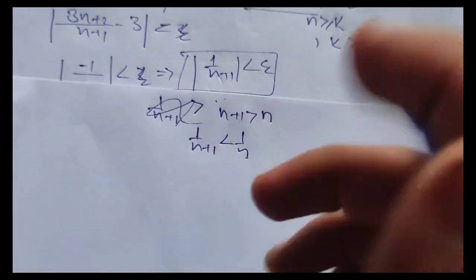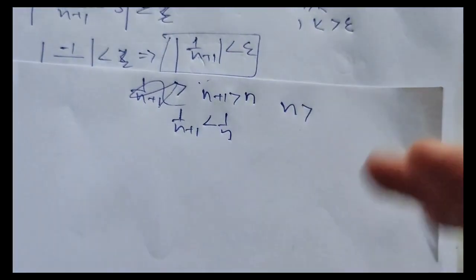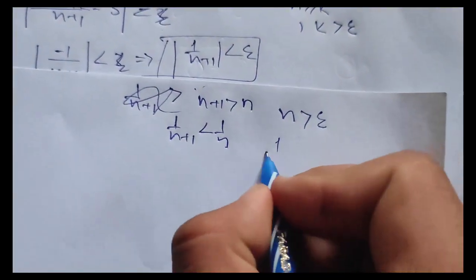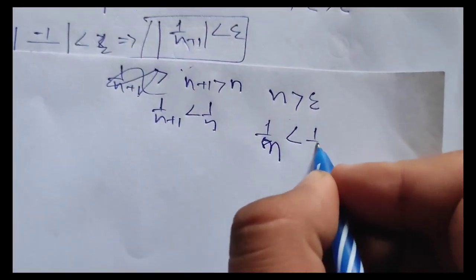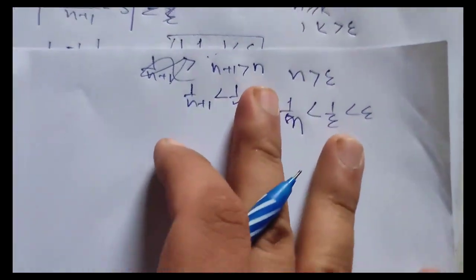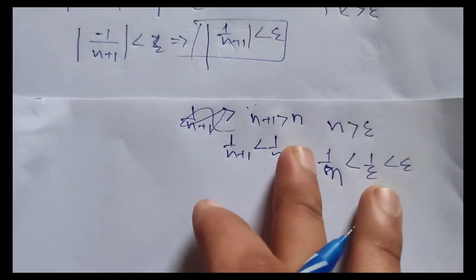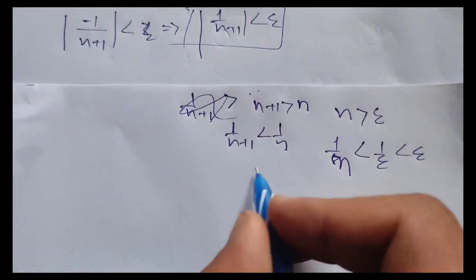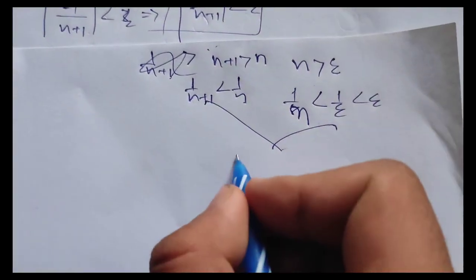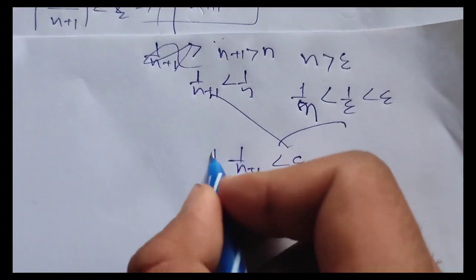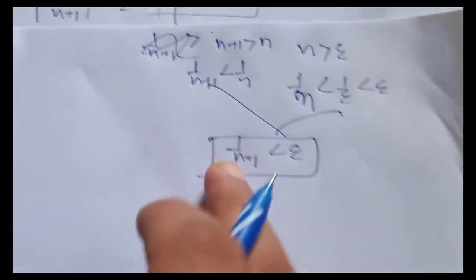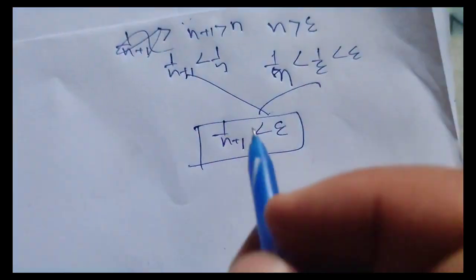Simple logic. All the numbers greater than the small number give the reverse, which is basically the same with epsilon. So by this we can say that 1/(n + 1) is less than epsilon. We can say this because it was less than 1/n, so it is true.